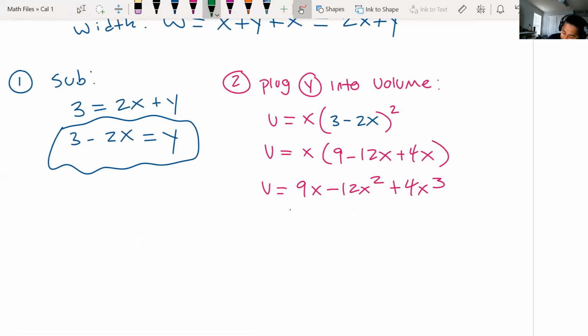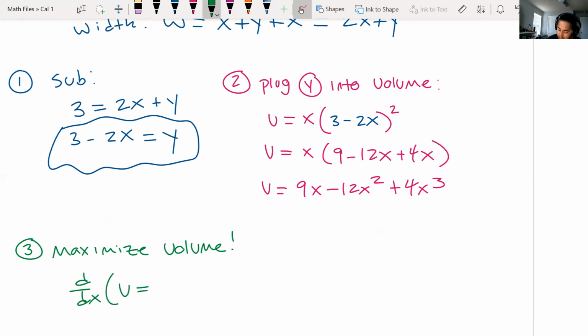So then step 3, we're going to maximize volume. And we're going to say d over dx of V equal to 9x minus 12x squared plus 4x cubed.